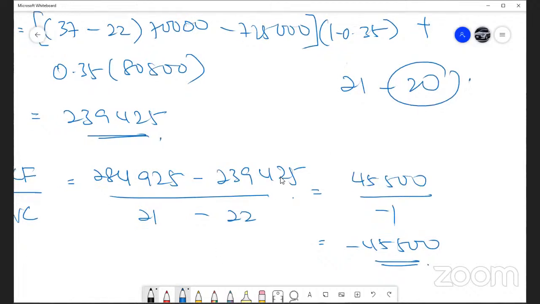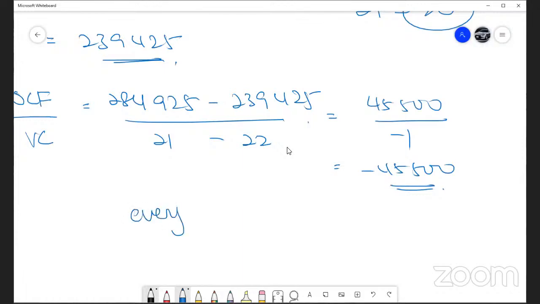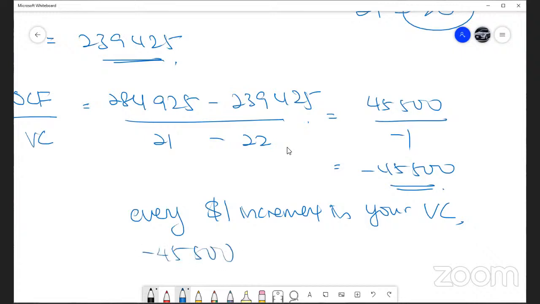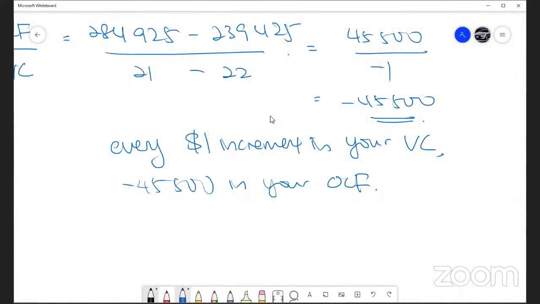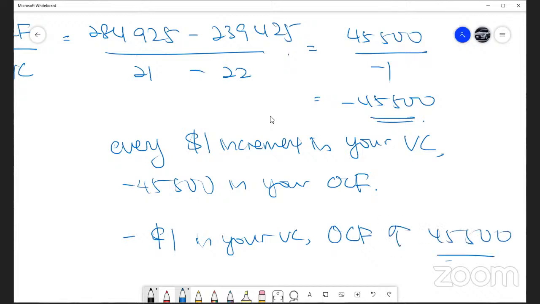Since we just calculated that every $1 increment in your variable cost will cause a drop of 45,500 in your OCF, then if the question says a $1 drop in your variable cost, your OCF will go up by 45,500.